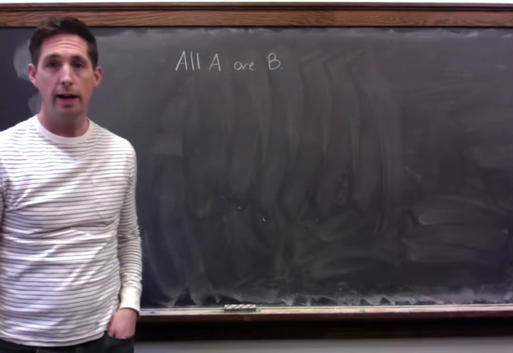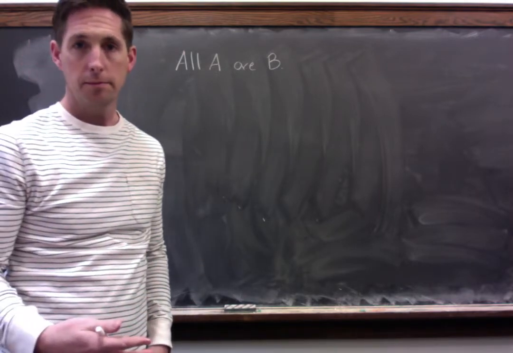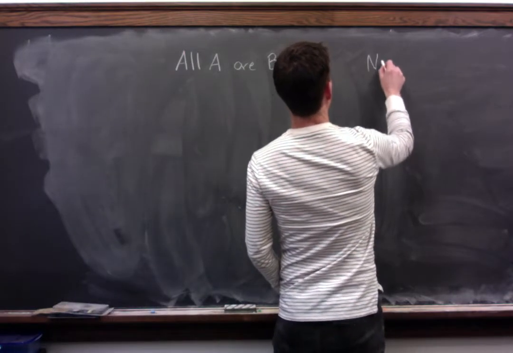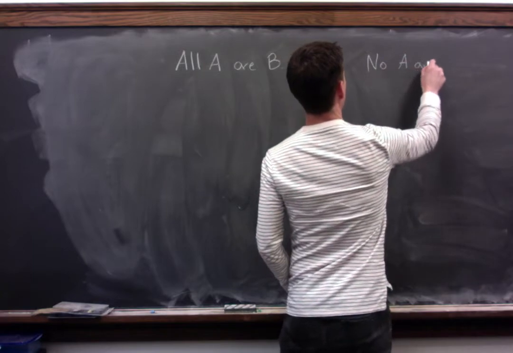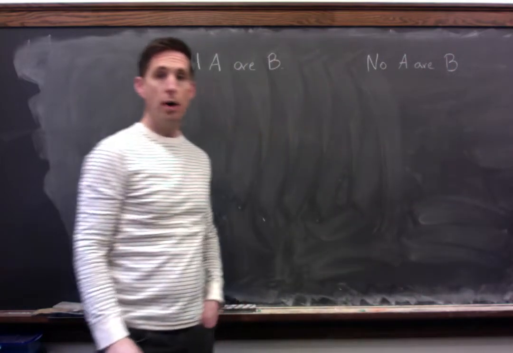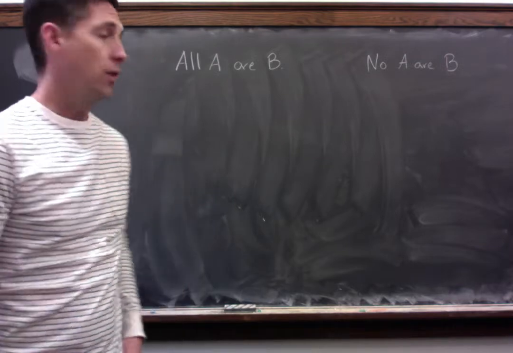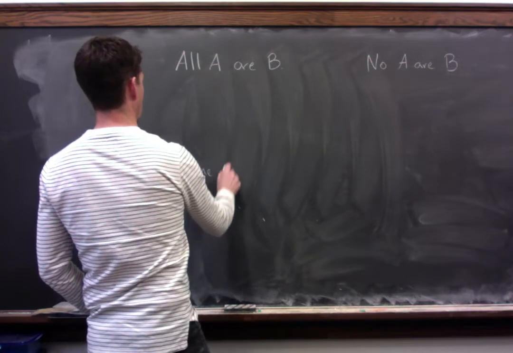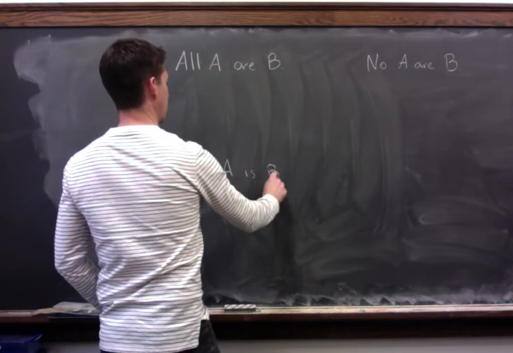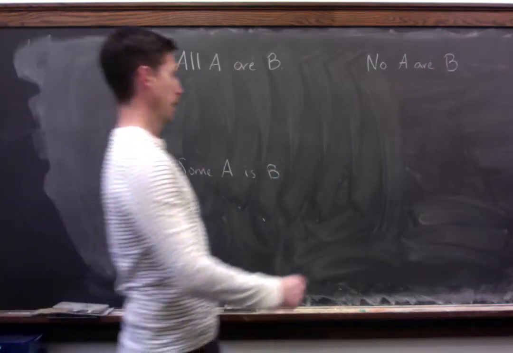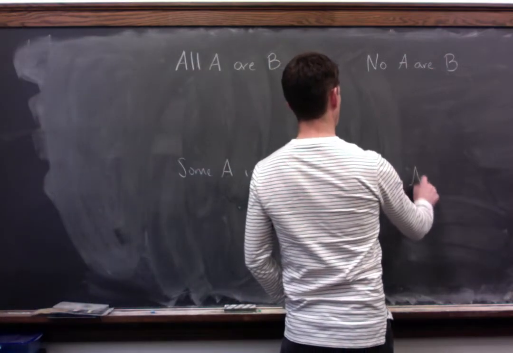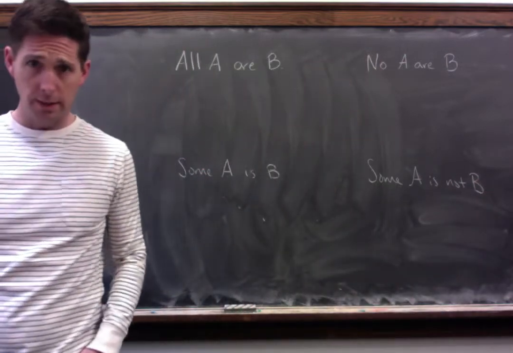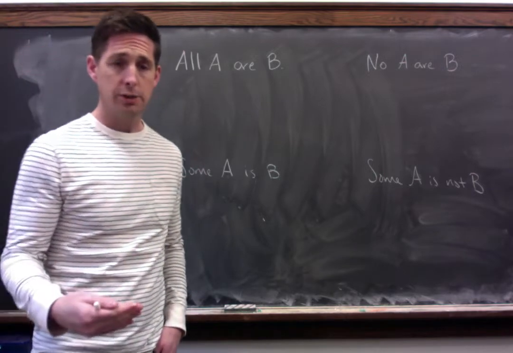The first basic statement we have is the statement all A are B. We also have another basic statement: no A are B. And then we've got some basic statements: some A is B, and some A is not B. Those are our four basic statements, which you should remember from our predicate translations.